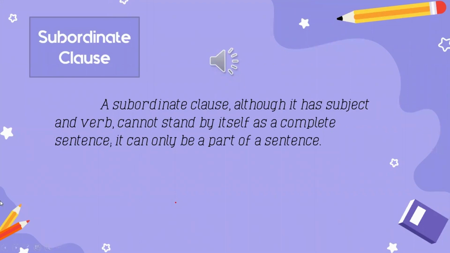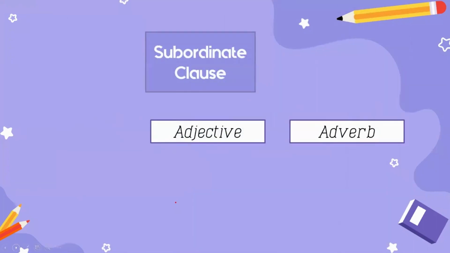It can only be a part of a sentence. Now, since we are talking about modifiers, out of three functions of subordinate clause, only adjective and adverb clauses may be used as a modifier, or describing clause.